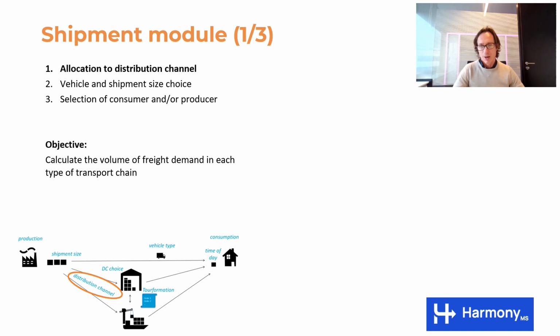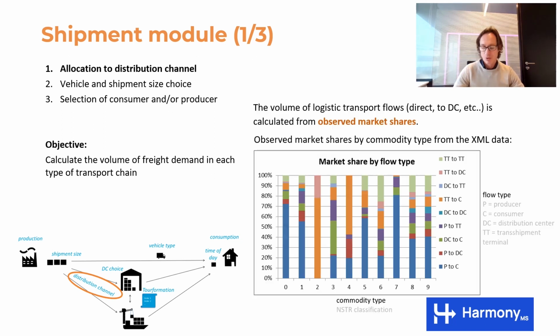What we did was quite a pragmatic approach. Since we have data on the observed market shares, we implemented the observed market share distributions of direct versus indirect transport in the model. The following figure shows for the different commodity types the shares of direct and indirect transport.